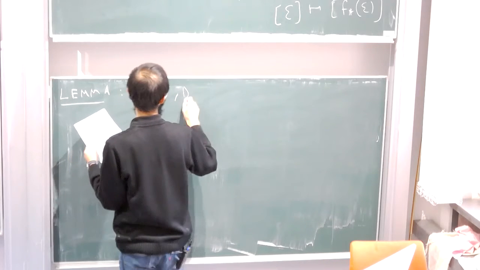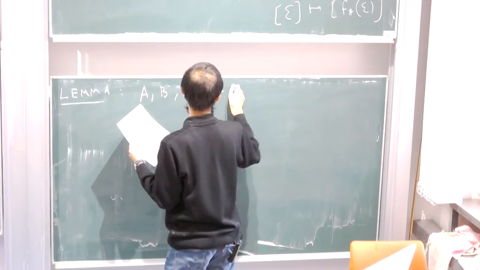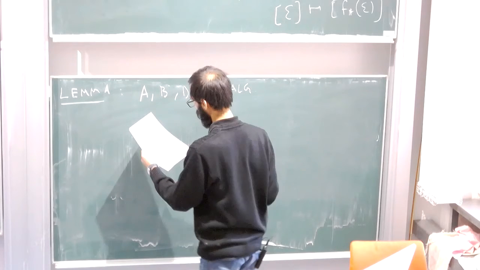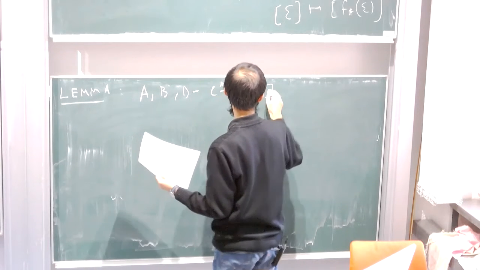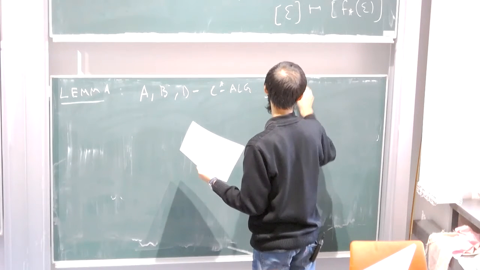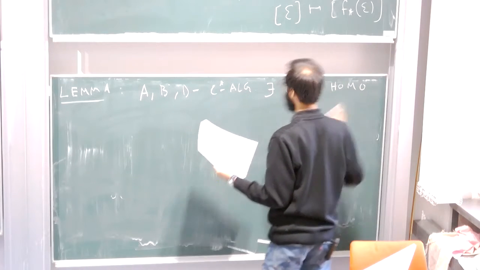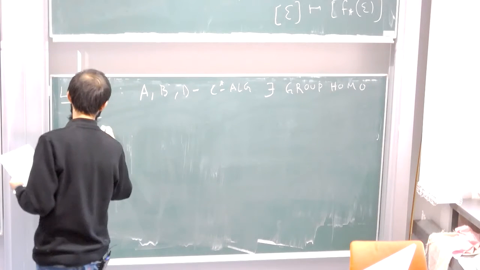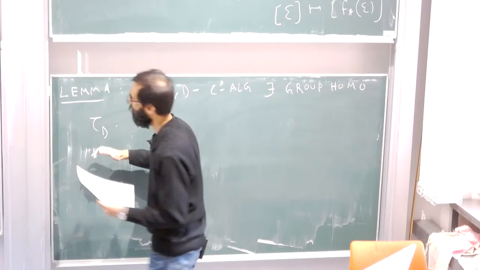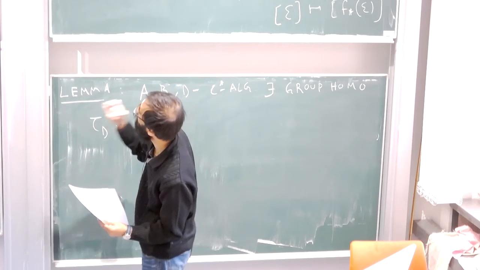A, B, D are separable algebras. There exist group homomorphisms, tau D. So I have used pullback and internal tensor product.